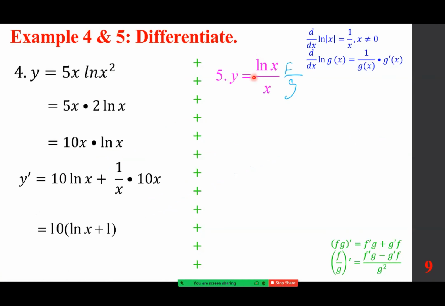The derivative of the top is 1 over x times x. So that's f prime g minus g prime f. The derivative of the bottom is 1 times ln x. And then over the bottom squared, x squared.